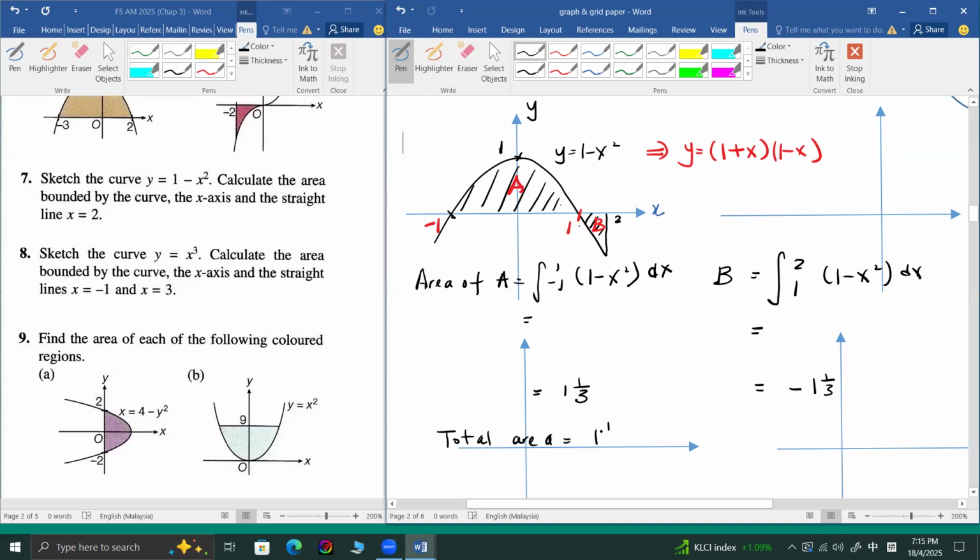This one is 1/3 plus, change it to positive, because I said so. If you get the -1, remember to change it to positive. Then when you add up, you get 2/3 units squared. Take note of the one below the x-axis.